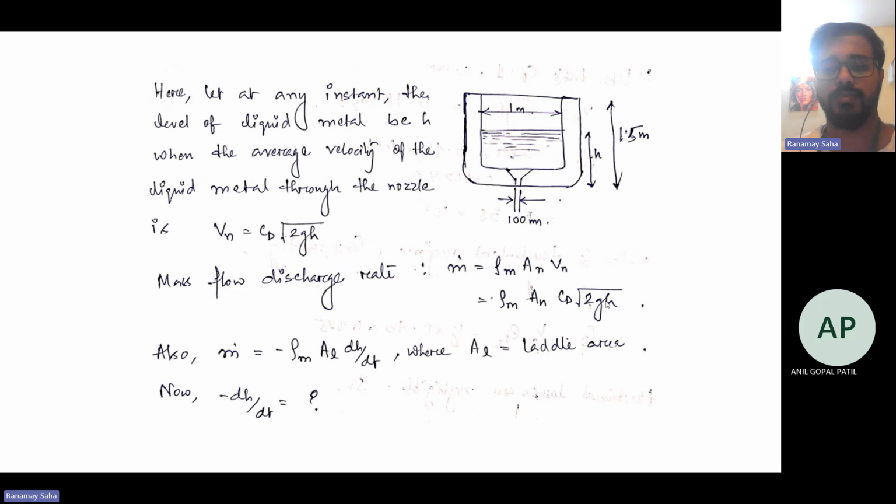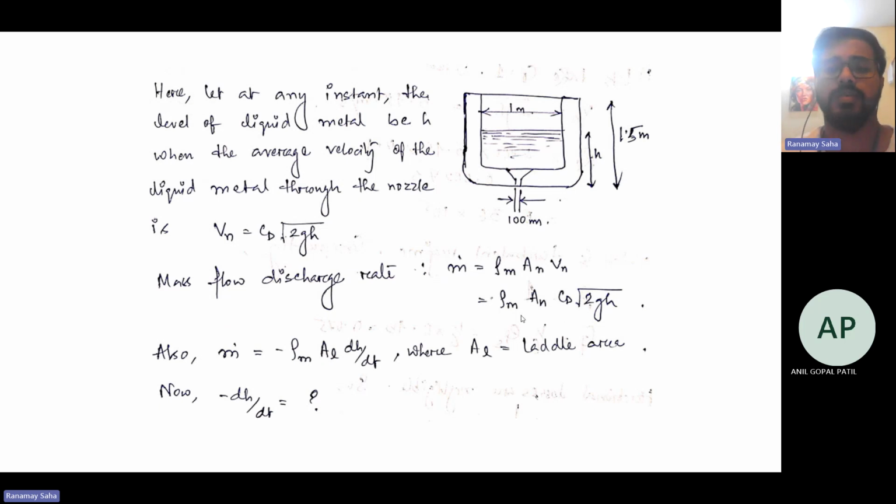Now, because we are considering the frictional losses, it is CD multiplied with root 2gH, where g is the acceleration due to gravity and H is the height, right? We have assumed this. So this is one way to find the mass flow rate.